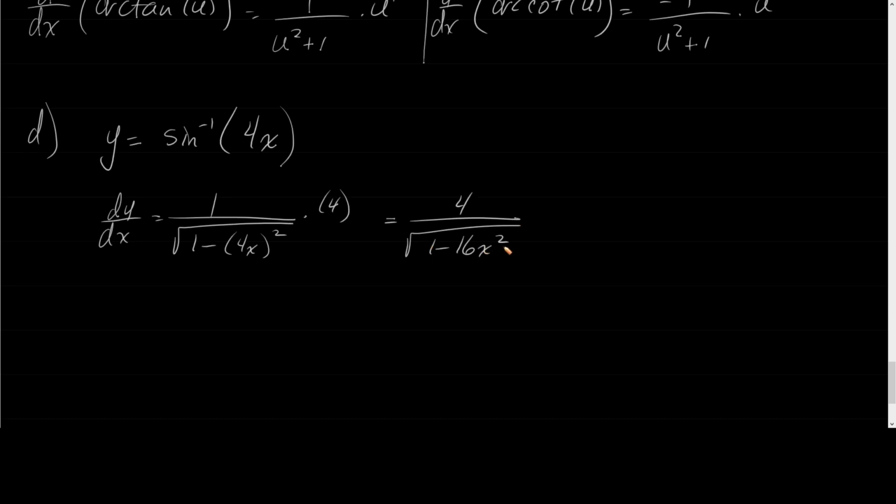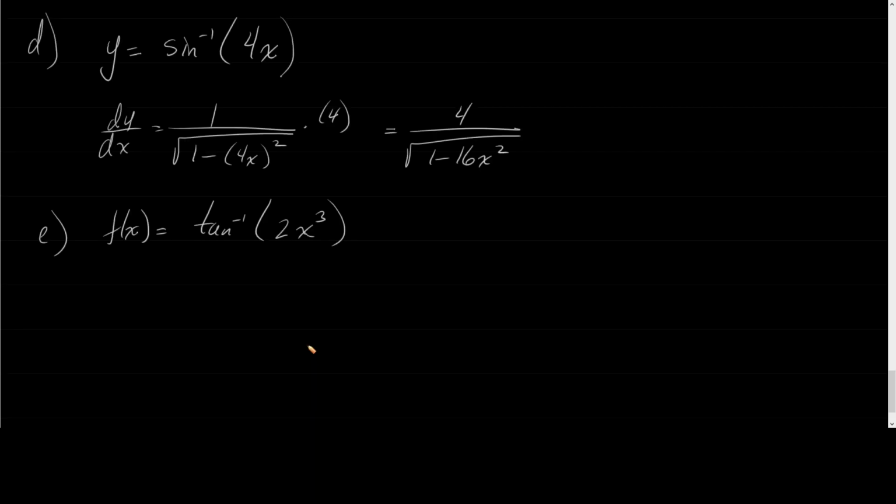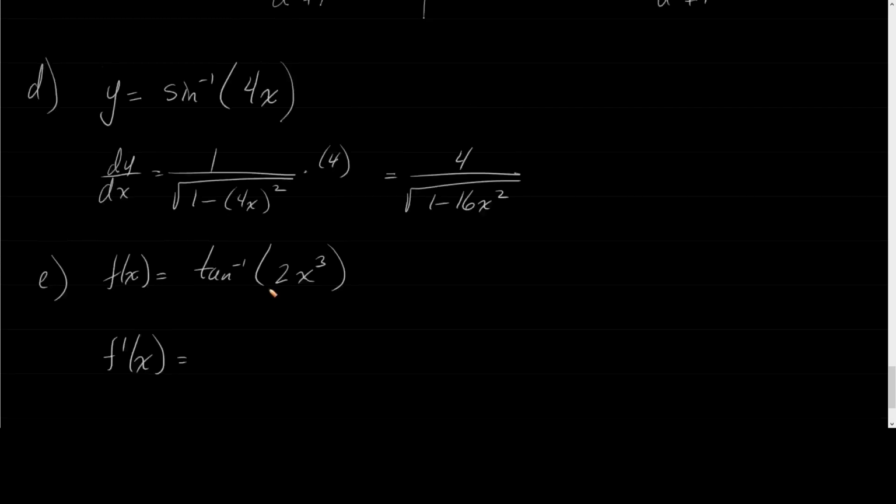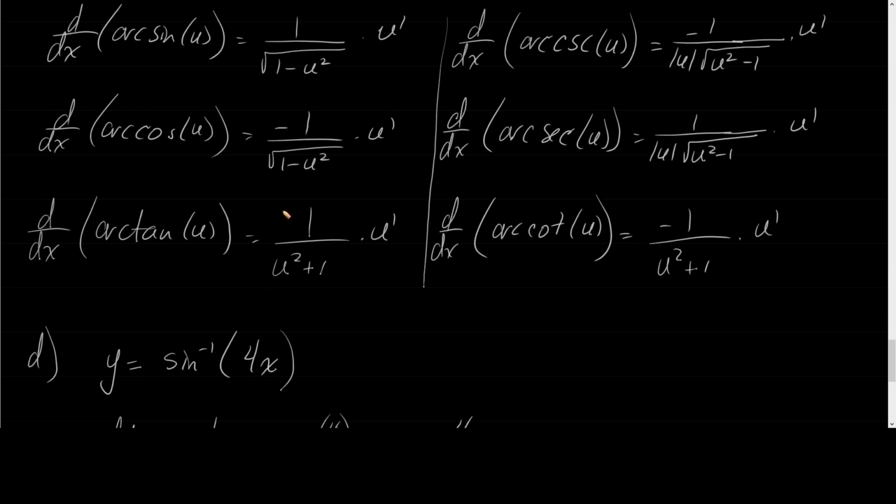Next one, E. Let's say I had f of x is equal to tan inverse of 2x cubed. What would f prime be? Its derivative would be, let's again look at the formula for tangent: 1 over u squared plus 1 times u prime.